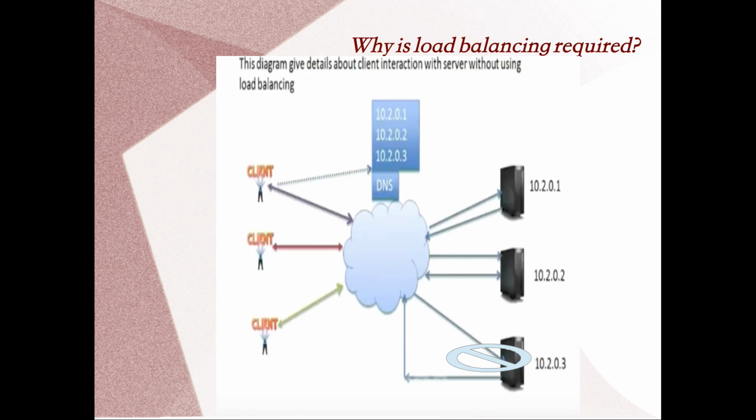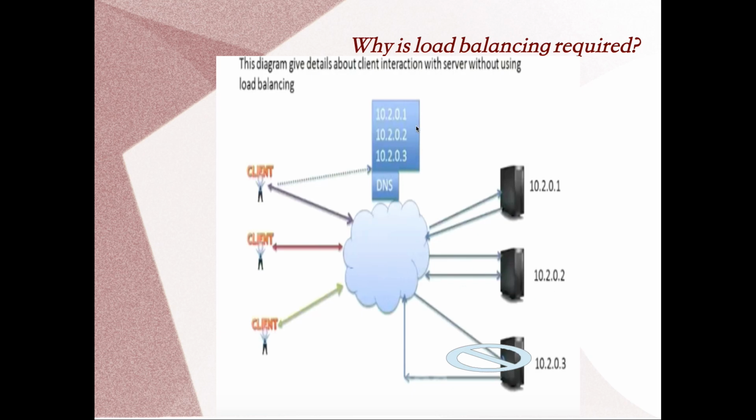The second reason why you need a load balancer is this. This is an example without using a load balancer. Now we'll see what happens if you don't use a load balancer. When a client generates a request, it generates a request for a particular IP address, and that request is transmitted to that IP address.